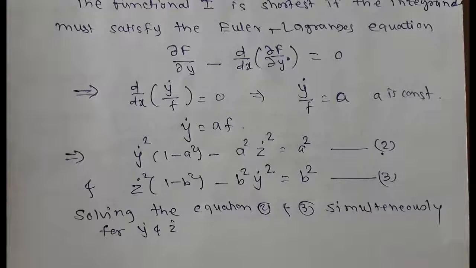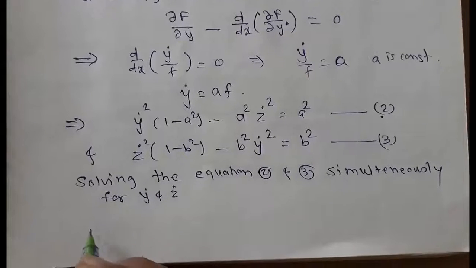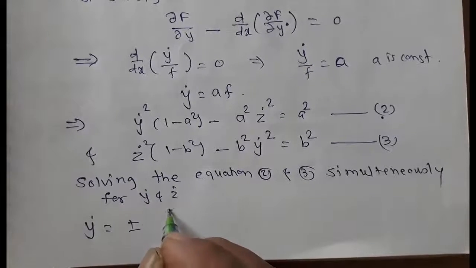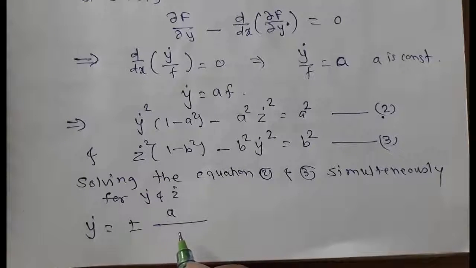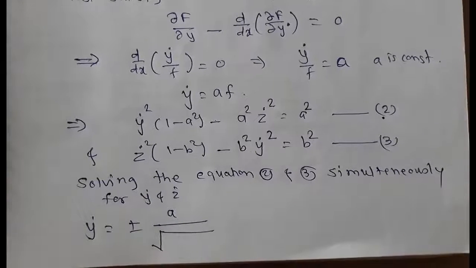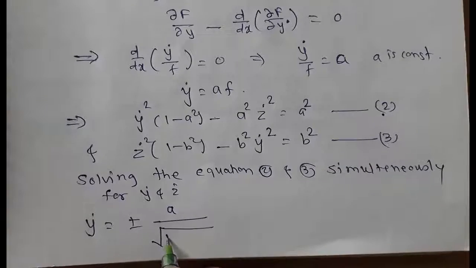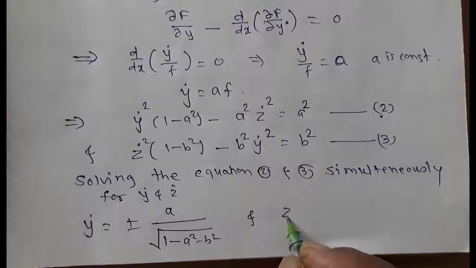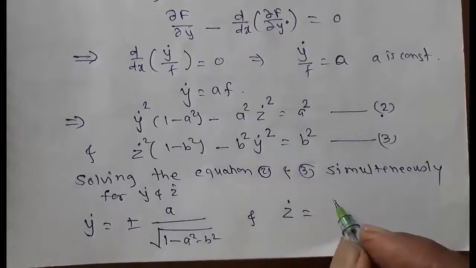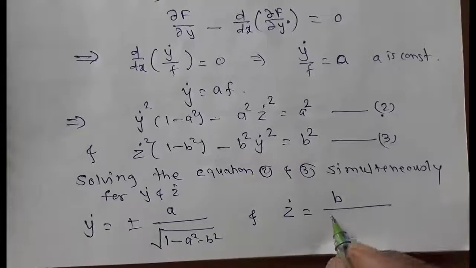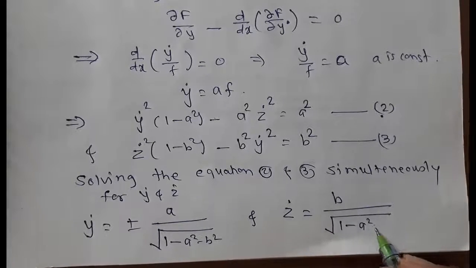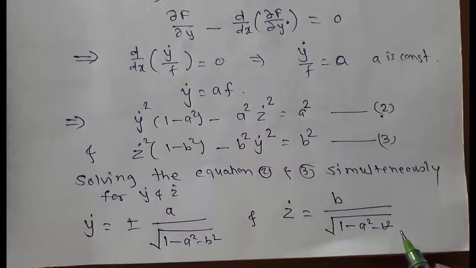we get y dot equal to plus minus a divided by root of 1 minus a square minus b square, and z dot equal to b divided by root of 1 minus a square minus b square.